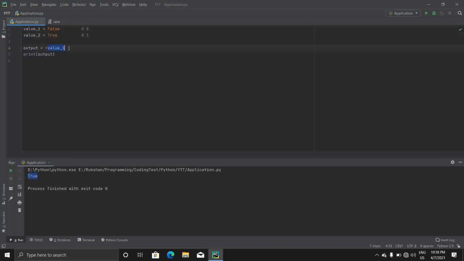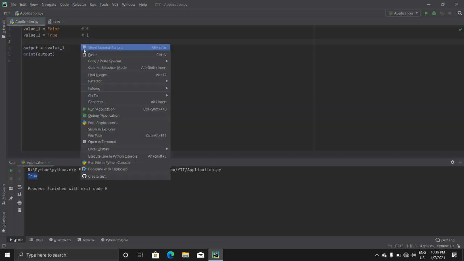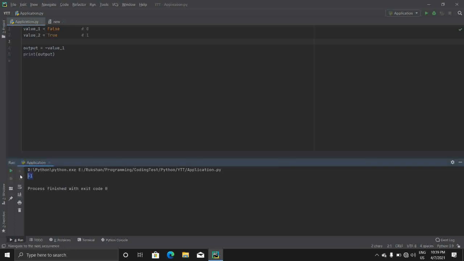It takes value 1, that means the false we have, and passes that value through the NOT bitwise operator. Then let's see how our output will be: -1, because this converts all the zeros to 1. The NOT bitwise operator also always returns the minus value for us.